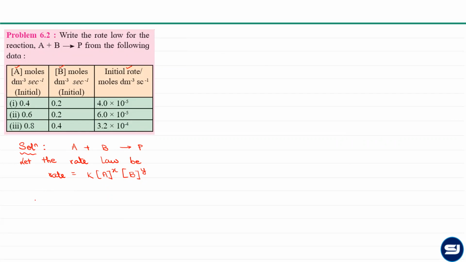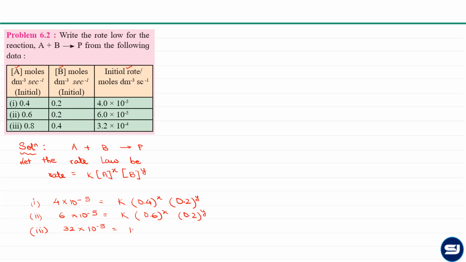ठीक है? Now based on the data we can write three equations. मतलब for the first data, the rate is 4 into 10 raised to minus 5, which will be equal to K times concentration of A, 0.4 raised to X, and concentration of B, 0.2 raised to Y. Same way for the second data, 6 into 10 raised to minus 5 equal to K times 0.6 raised to X, 0.2 raised to Y. And the third data, I can write 32 into 10 raised to minus 5, just to keep the power same, 3.2 को 32 लिख दिया.